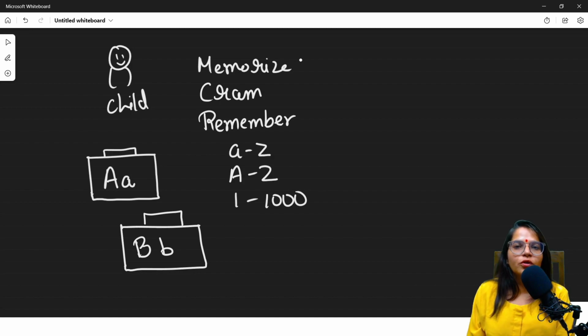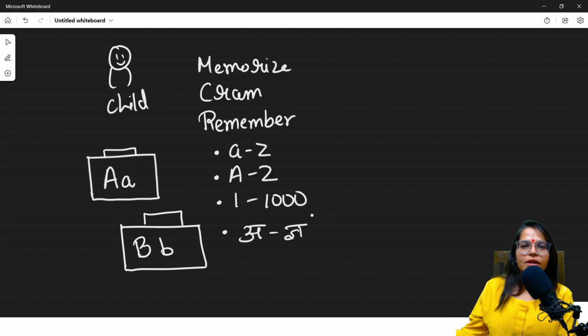The perfect example could be memorizing A to Z small, A to Z big, 1 to 1000. And if there is a language class like Hindi or any other, we teach the child the alphabet. Okay. This is the first one, called the memory level.